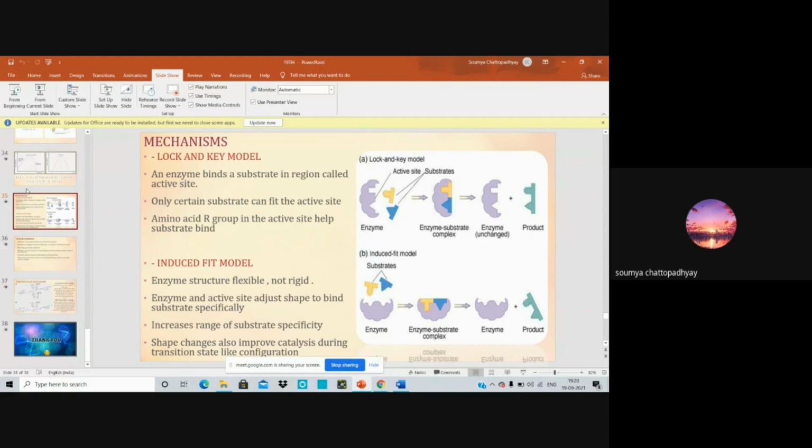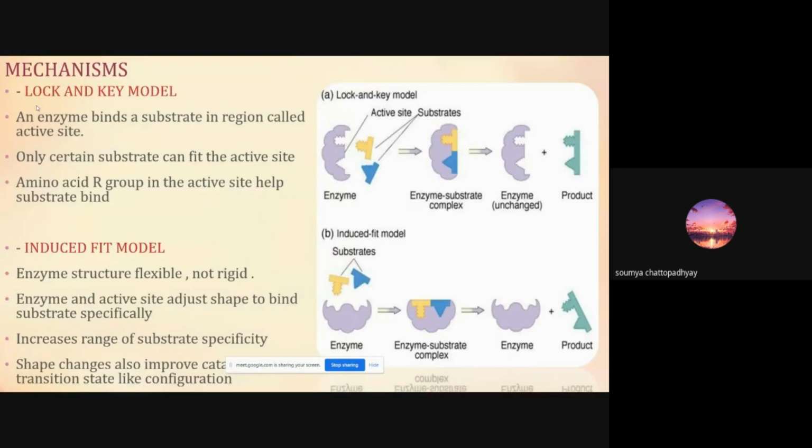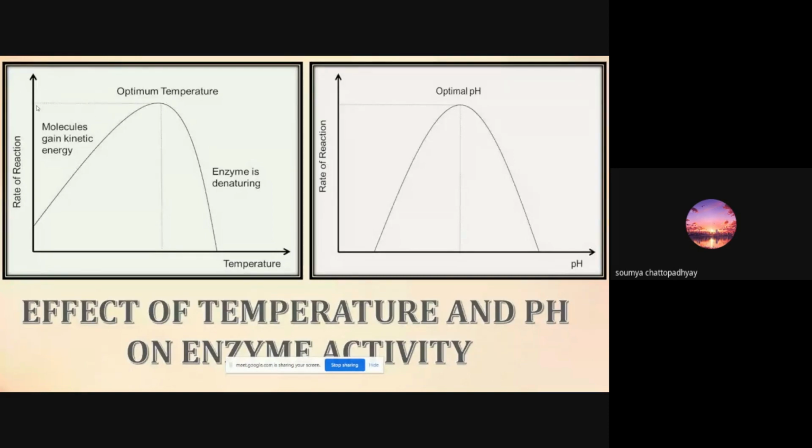Yeah, I will talk about it again on the custom slide. Every enzyme has an optimal pH in which it is going to act the best. So you have to get the enzyme in the correct pH so that it can work well.